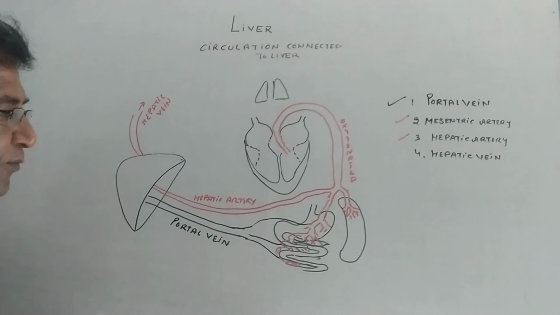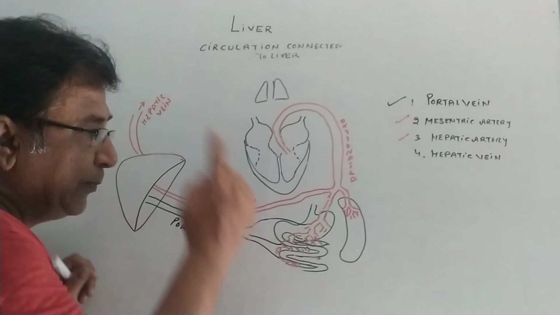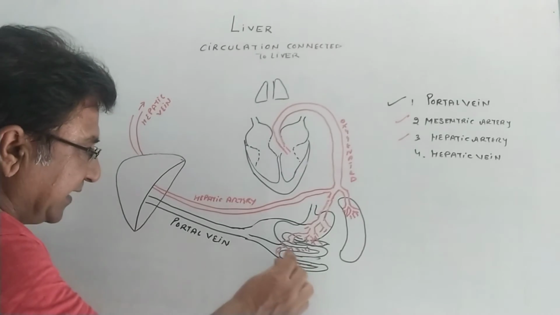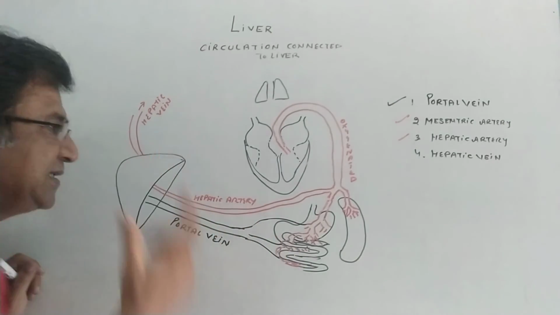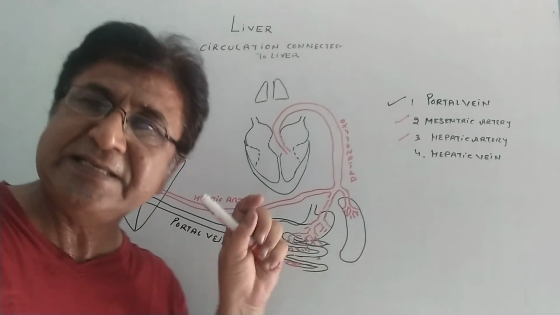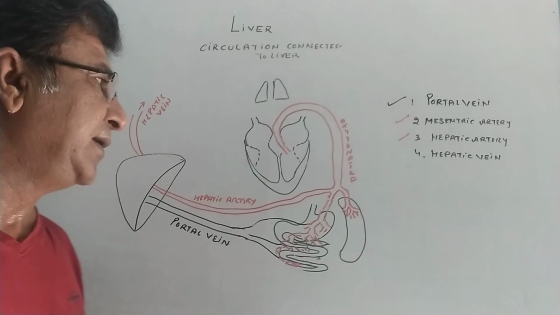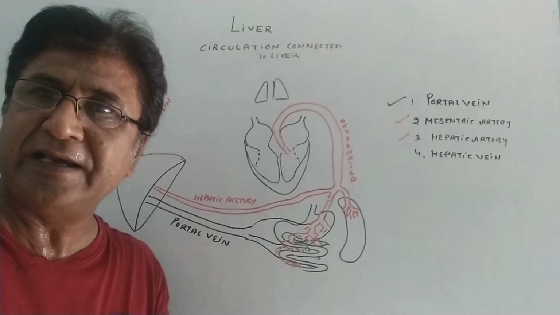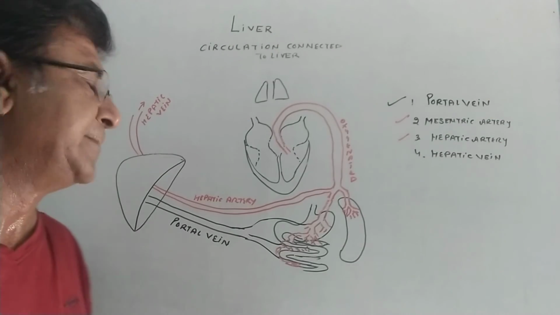One more thing we have to understand: why does the blood from the stomach, pancreas and small intestine enter into the liver? The spleen is the place where dead RBCs are destroyed.